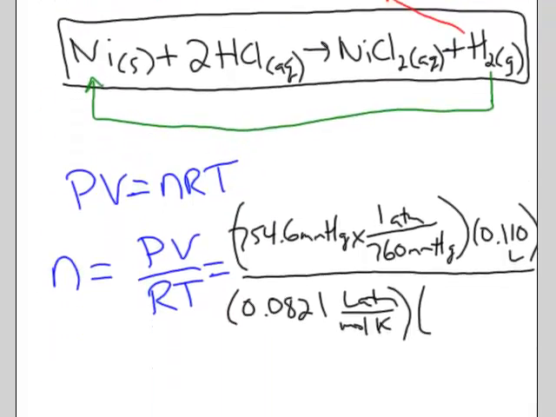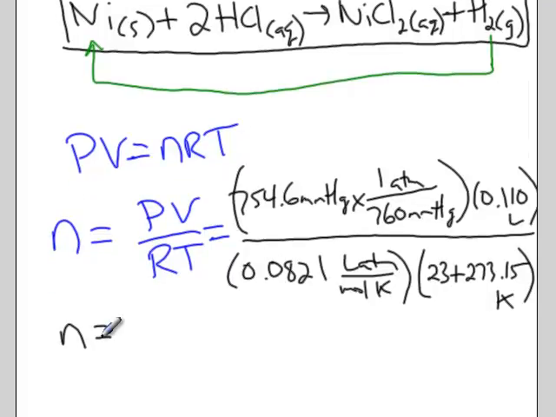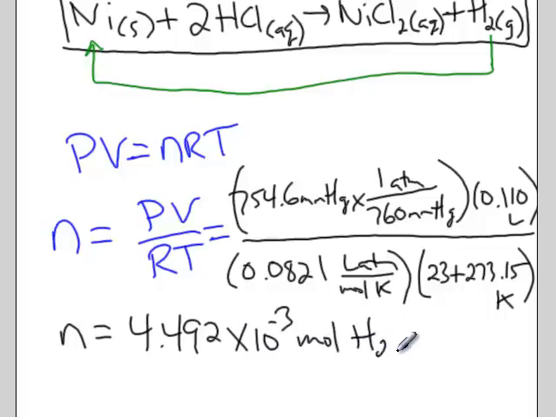We convert that into Kelvin. And we solve for the number of moles. We'll get 4.492 times 10 to the negative third moles of hydrogen.